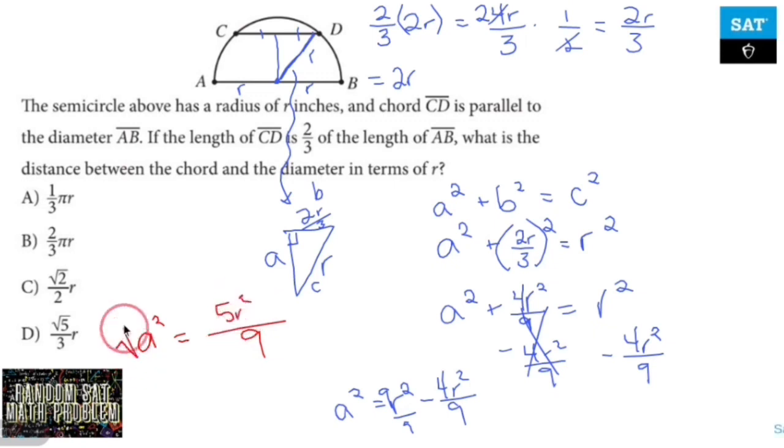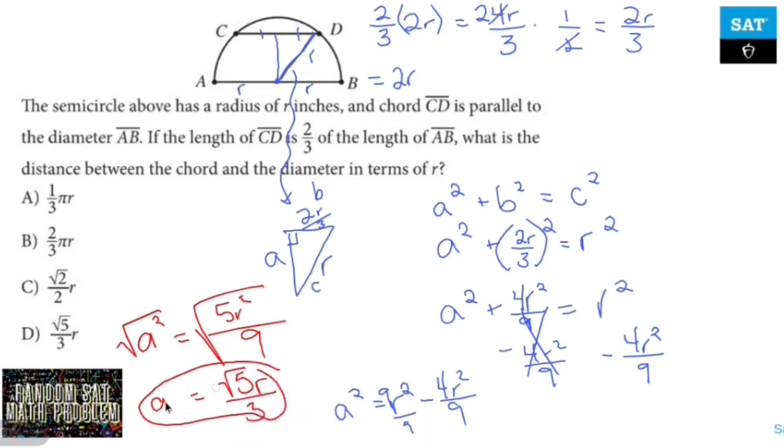I have to square root everything to get a all by itself. The square root of 5 is the square root of 5. The square root of r squared is r. The square root of 9 is 3. And in a very long roundabout way, I found my answer, which is that guy right there. Whew! Gross.